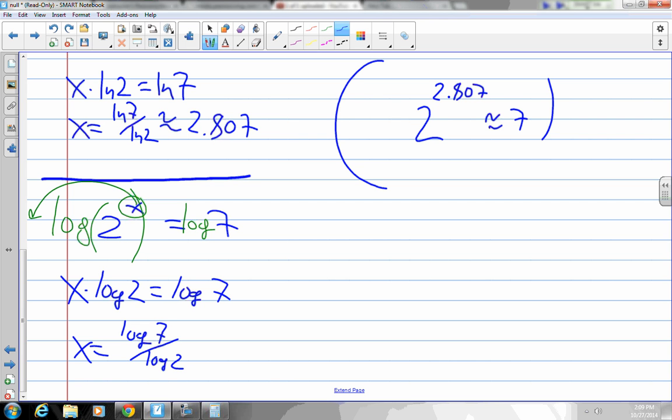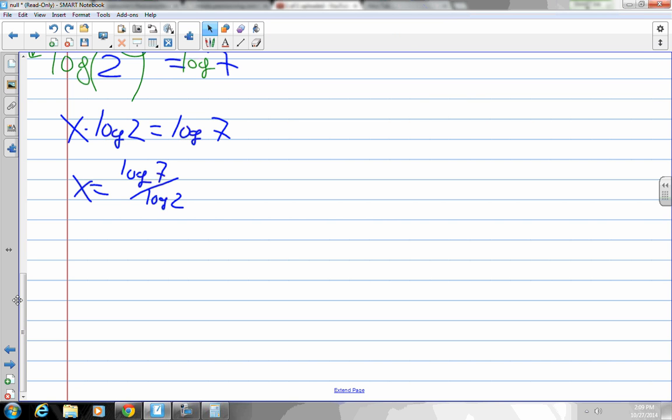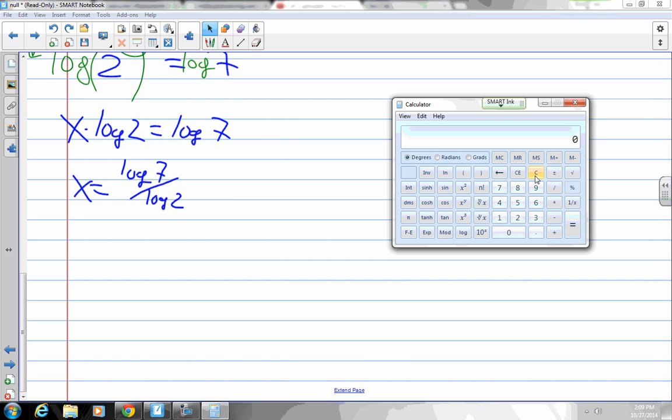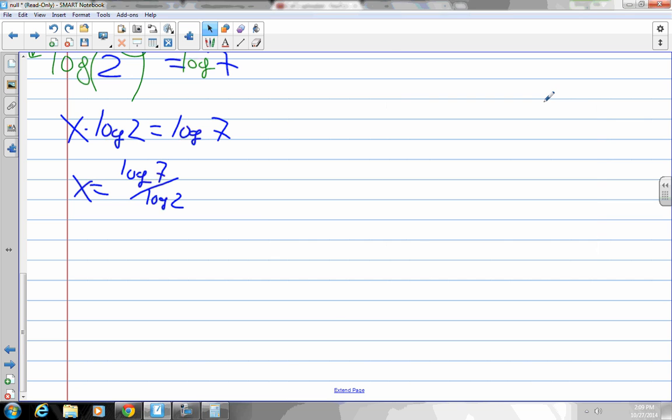The only difference between this expression and the one we just did with natural logs is that instead of natural logs I have a common log. So it doesn't matter which log you use as long as it's the same log. If I type all of that in, 7 log of that divided by 2 log of that, it better be 2.807 with some junk. So it doesn't matter which base of those logarithms as long as it's the same. Actually, this gives us what is called the change of base formula.